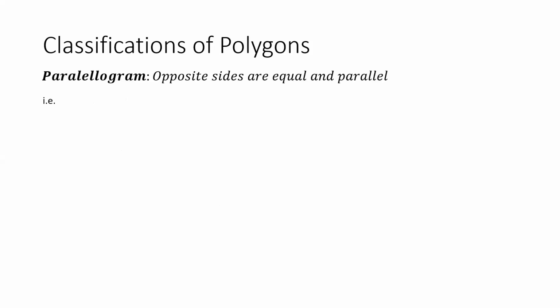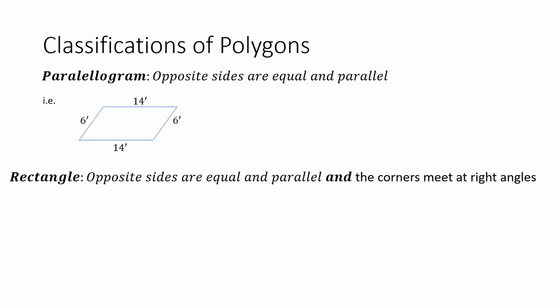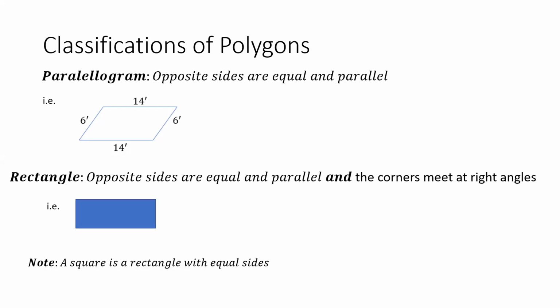Now, different definitions of basic forms of polygons include the parallelogram. A parallelogram has opposite sides that are equal and parallel, but it doesn't have the requirement of rectangles of having 4 right angles, or 4 angles of 90 degrees, I think is what I was trying to say. Now we talked about a rectangle already.